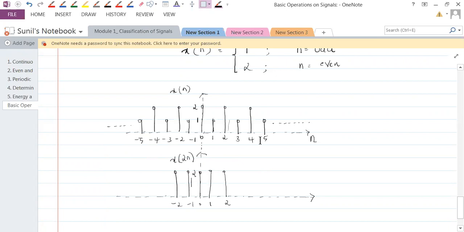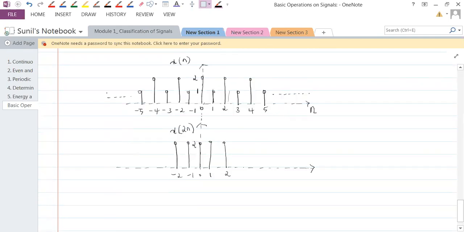So what is happening? We are losing the information. Understand that? So this is the summary. Everybody just understand this.